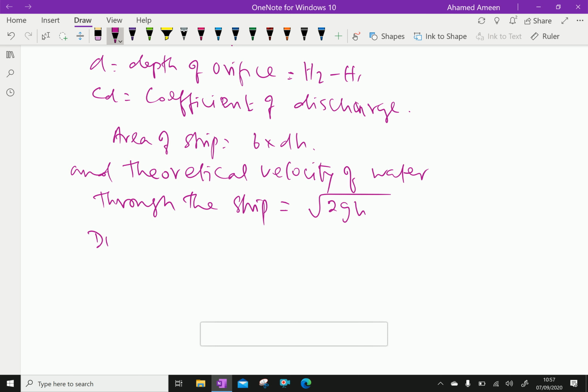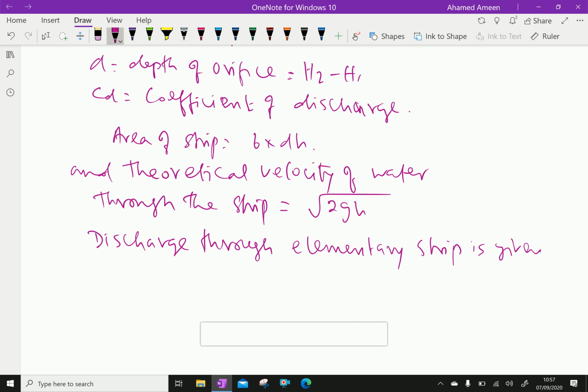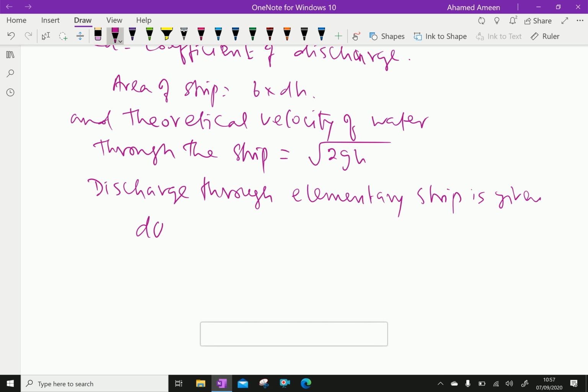Discharge through the elementary strip is given by dq equal to coefficient of discharge into area of strip into velocity.